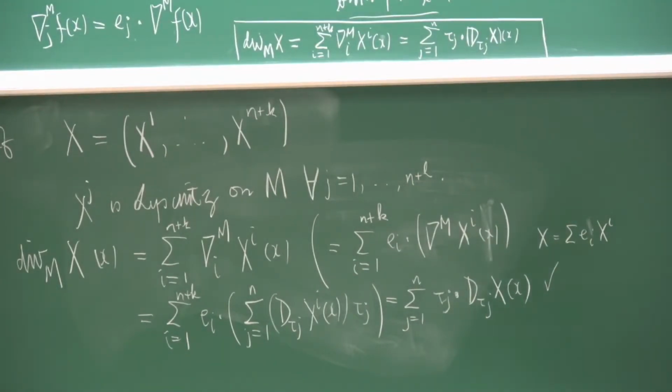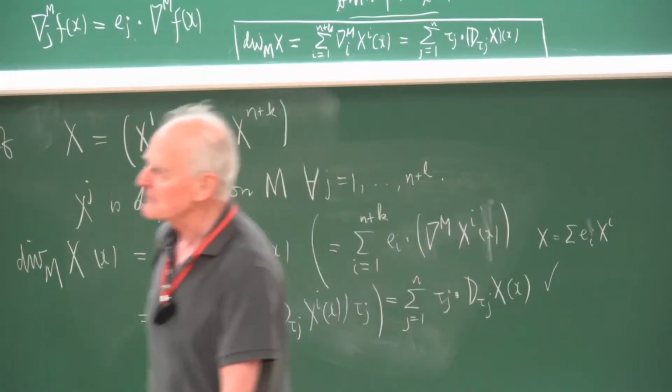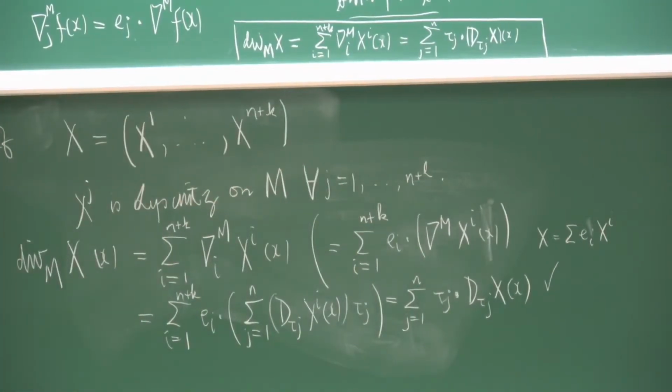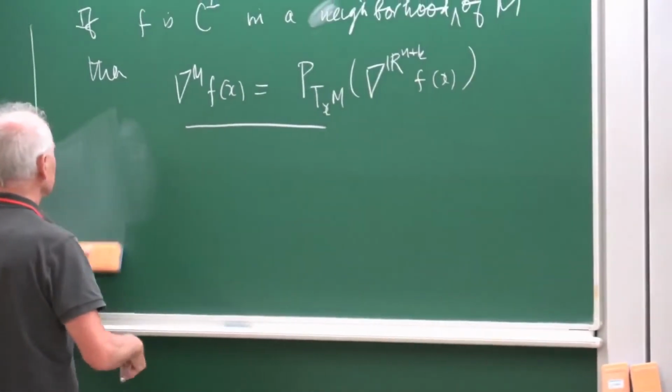Yep, so that's that. And there's a similar remark if you know that the x_j's are C1 in a neighborhood like this.